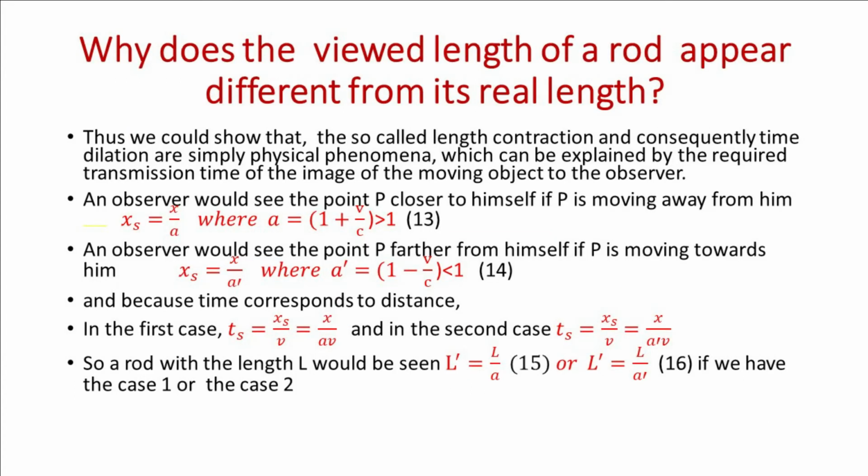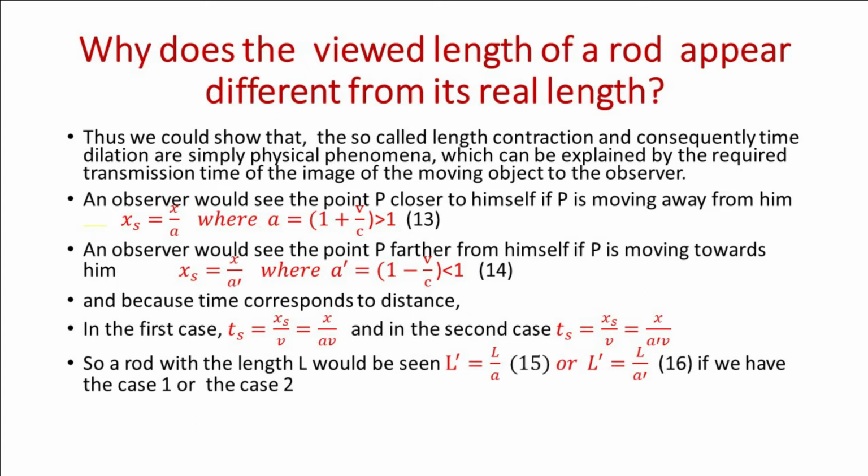Thus we could show that the so-called length contraction and consequently time dilation are simply physical phenomena which can be explained by the required transmission time of the image of the moving object to the observer.